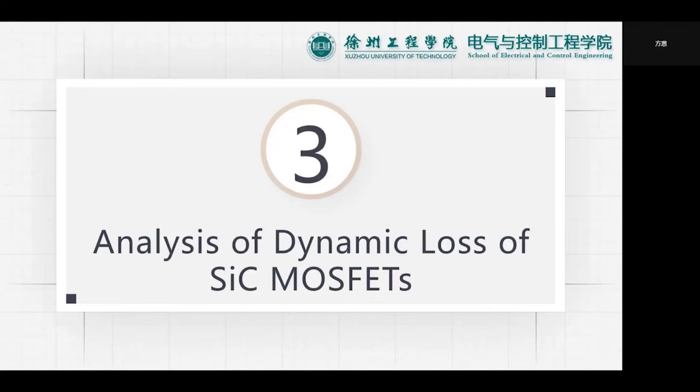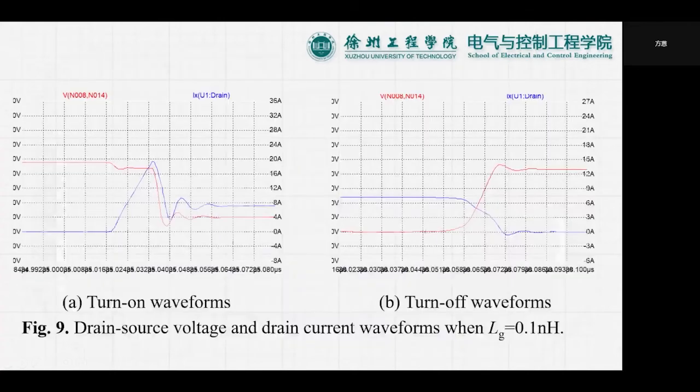Influence of parasitic inductance on dynamic parameters of the switching process, and parasitic inductance of gate circuits are considered. For the switching loss, the increase of Lg hardly affects the switching loss.